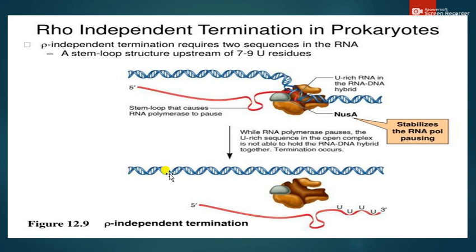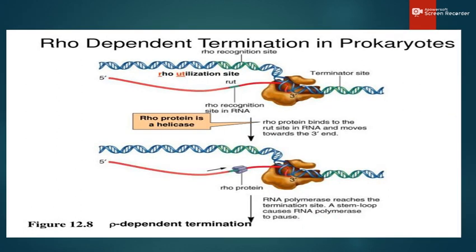So this is a method of termination where uracil-rich sequences are formed in the complex, and they form stem loop-like structures, and that will halt the RNA polymerase and stop it there so that it is forced not to add further RNA nucleotides. That's the case of Rho independent termination, which is found in the prokaryotes.